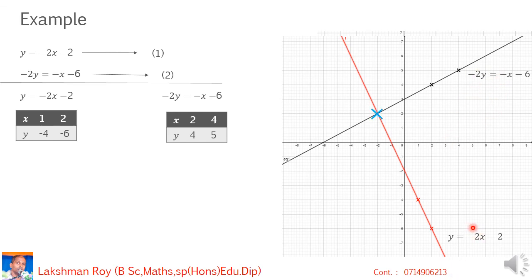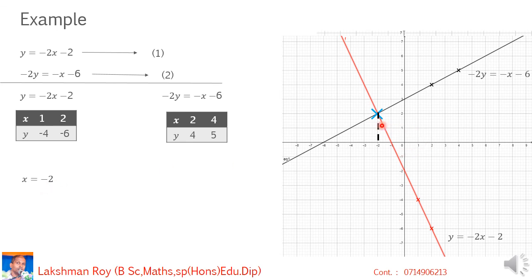Now I can select the intersecting point. That is the important one, right? This is the common point to both lines. Then I'm going to read the coordinate. How to read the x coordinate? You have to go down, the x coordinate is negative 2, right? That is the x solution.